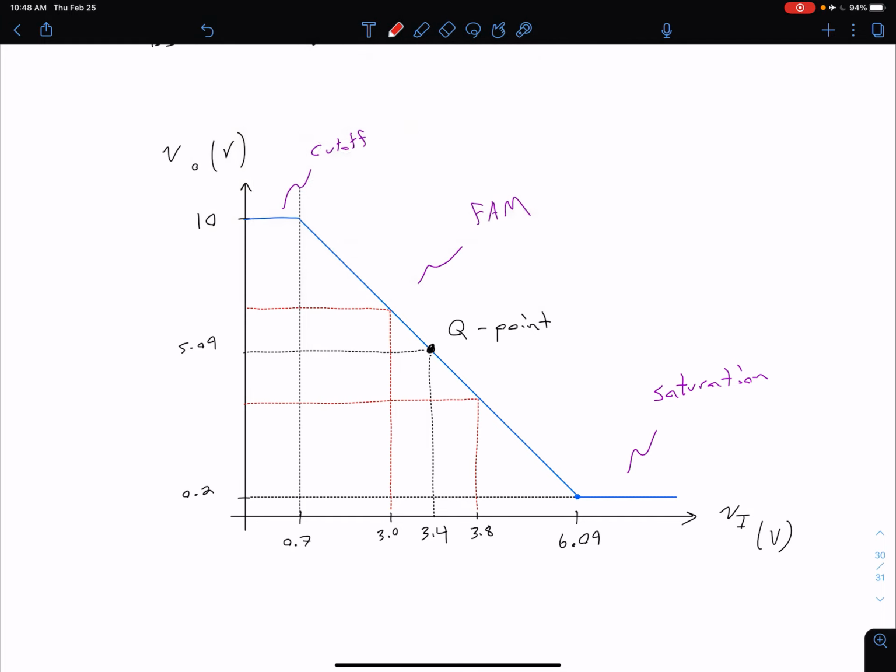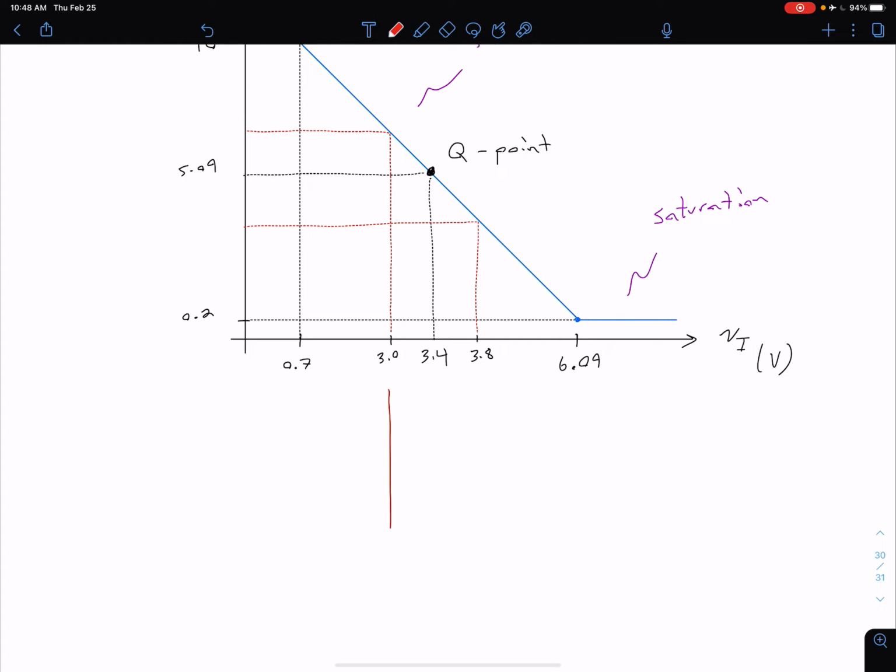Okay, so if we come down here, this is our input voltage and here's our middle point. So we have some input voltage that is varying like this over time. Then we're going to have some corresponding output voltage, which is going to be varying like this over time.